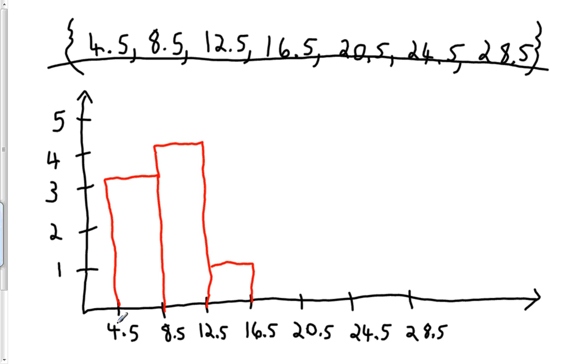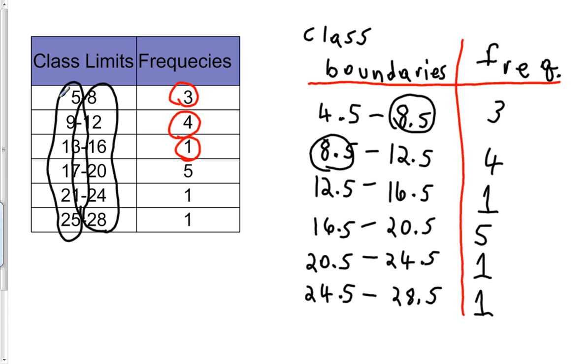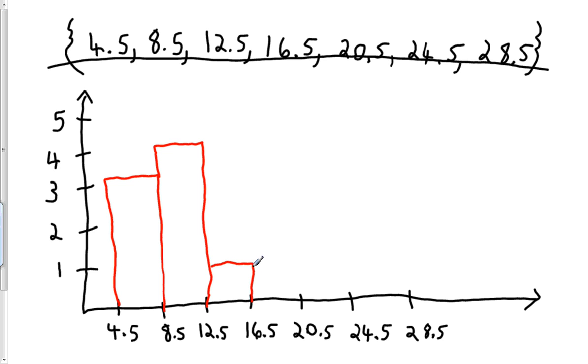Now the next class is the largest class, the class with the highest frequency. Frequency of that class is 5. So I'm going to make a vertical bar above that class that extends all the way up to 5 on the y-axis, and ranges between 16.5 and 20.5, the class boundaries of that fourth class, on the x-axis.